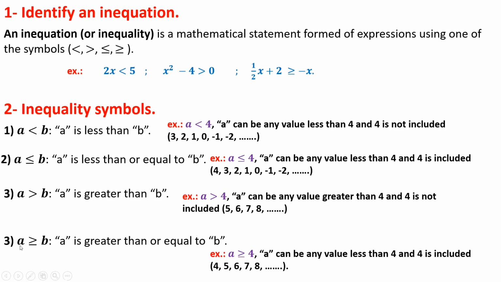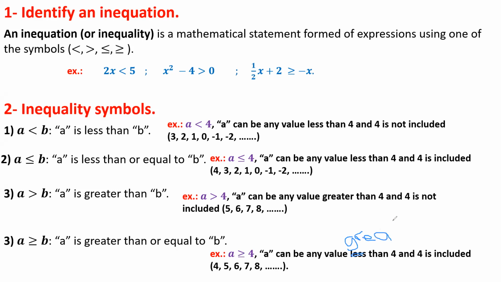The last one, A greater than or equal B. As an example, A greater than or equal 4. Here I have a typing mistake. This is not less than. This means A can be any value greater than 4, and 4 is included.